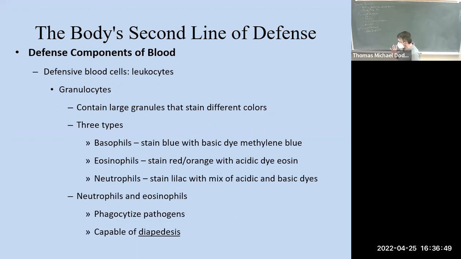What I wanted you to know about here is that there are types. I don't really care too much that you remember the types. Okay, but there are different types and they fight things in slightly different ways. The neutrophils and eosinophils, some of them do phagocytosis.